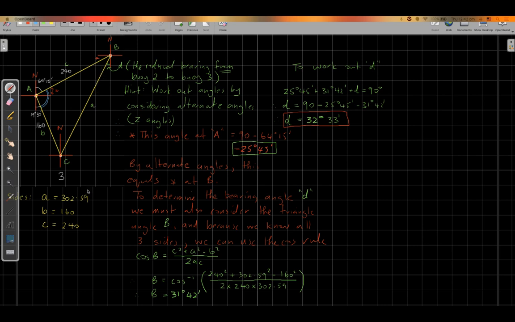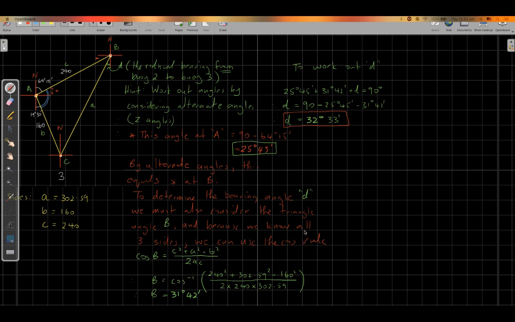Okay, so just backtracking a little bit, by alternate angles, this angle here at B, we can work that out. To determine the bearing angle D, we must also consider the triangle angle B, which is this triangle angle here. Because we know all the three sides, we can use the cosine rule to work out that angle.